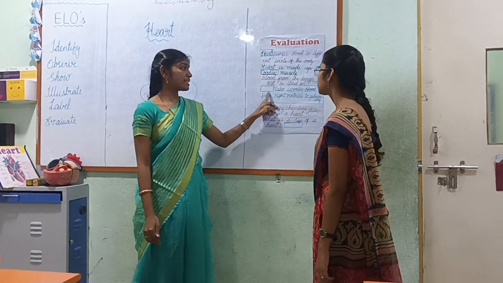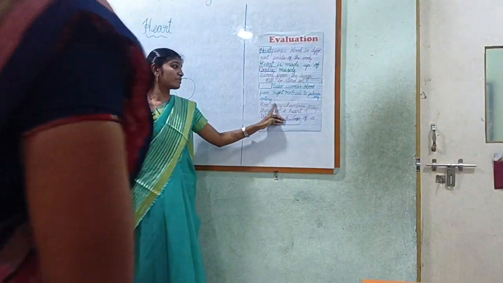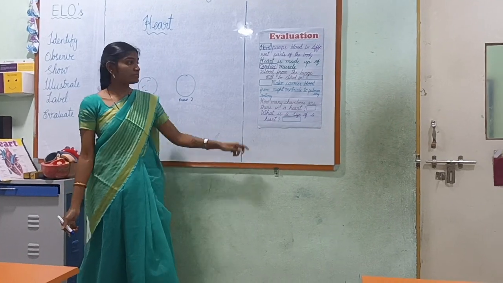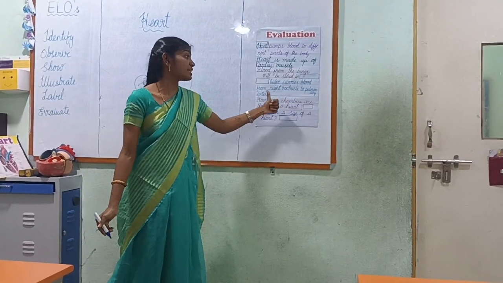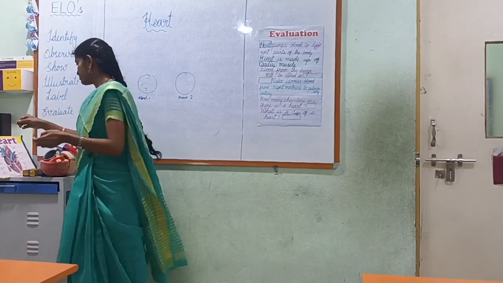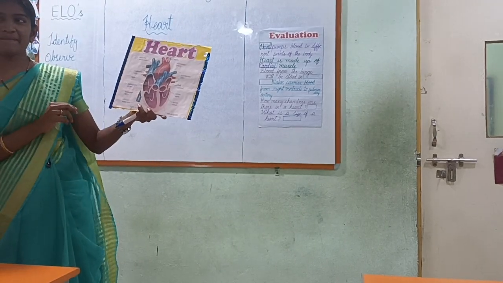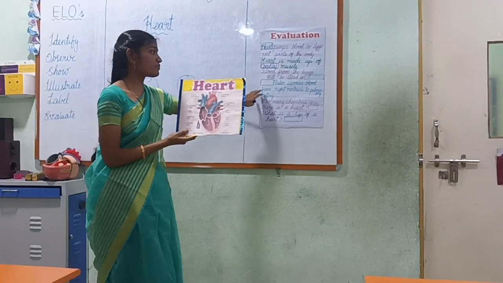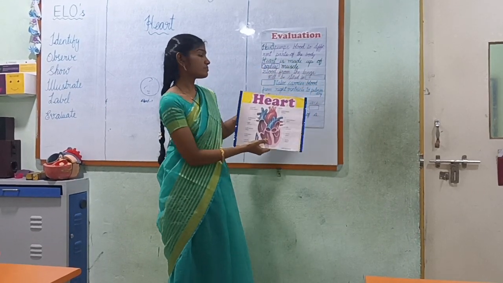Next, the dash valve carries blood from the right ventricle to the pulmonary artery.